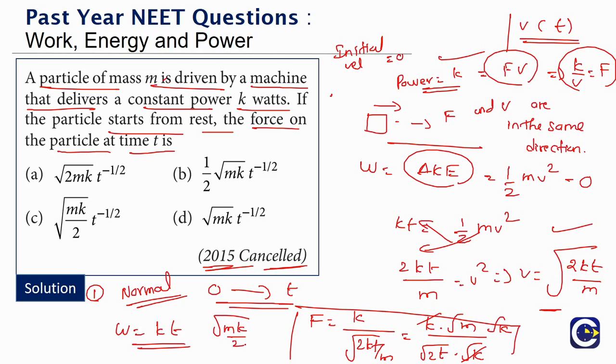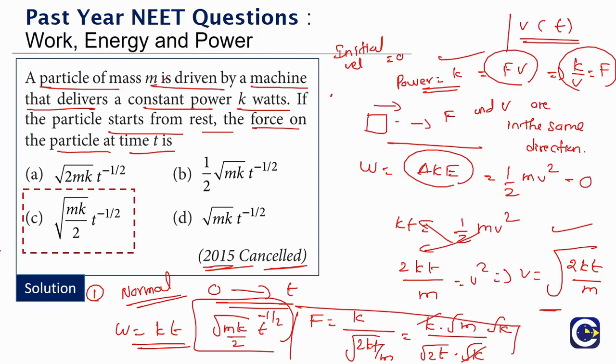The denominator will have a 2 and also a root t. In the options, they have expressed this root t in the denominator as t to the power of minus half, because if you have root t in the denominator, we can express it as t to the power of minus half. So the answer is option C.